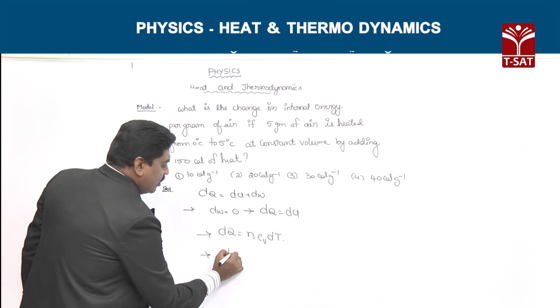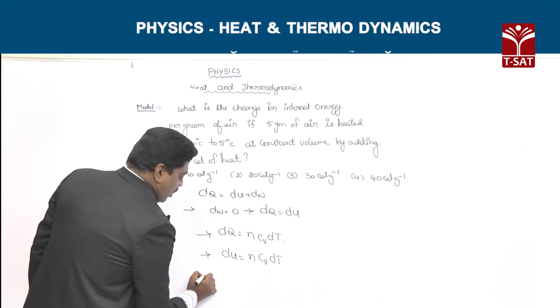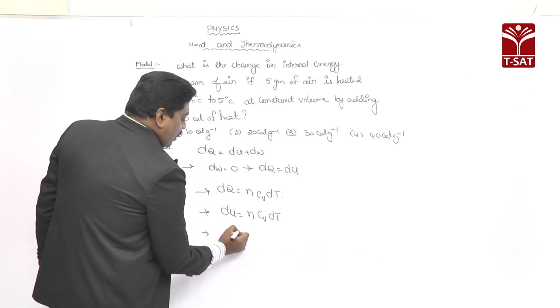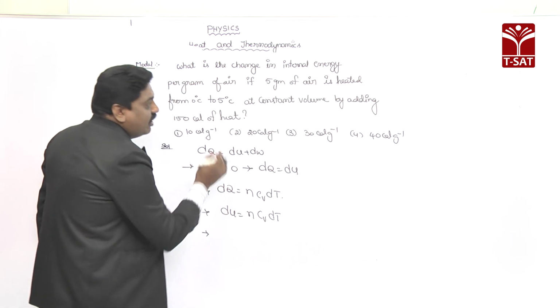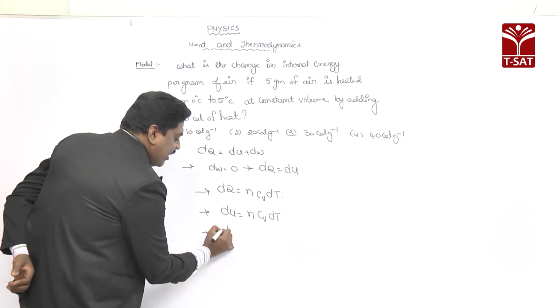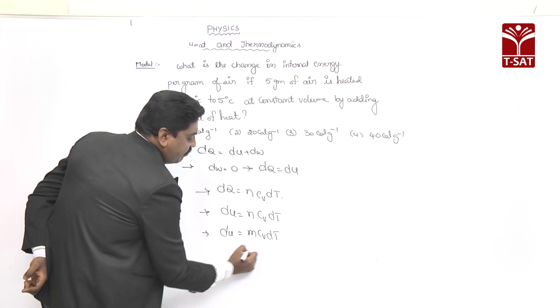So, du is equals to m Cv dt. Now, the formula contains the n moles actually. We need it in grams. So, we can write the same formula as du is equals to m Cv dt.